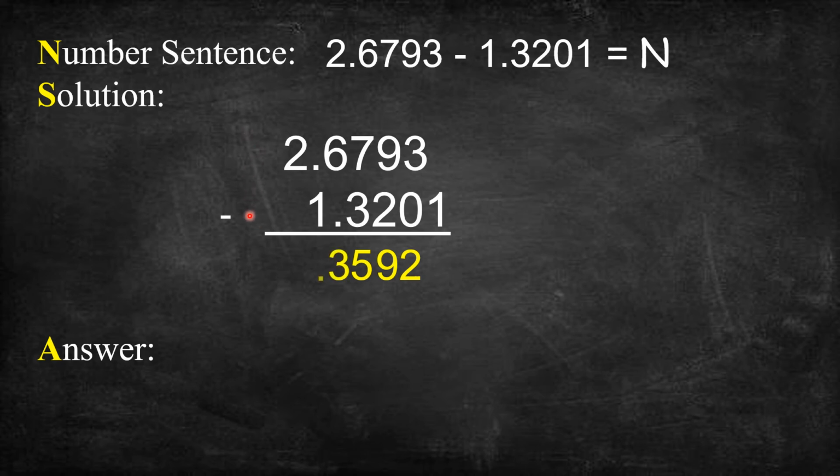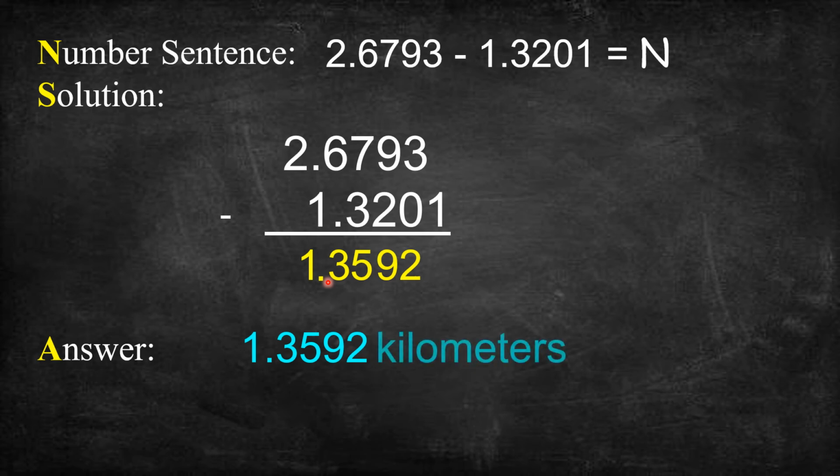And then copy the decimal point. 2 minus 1 is equal to 1. And then for our answer, we have 1 and 3,592 ten thousandths with its unit, which is kilometers. So that is the total distance that she needs to travel from her aunt's house to school.